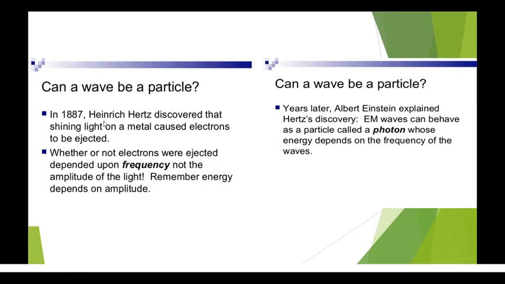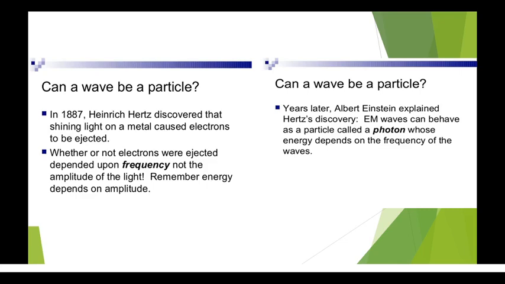In 1887, Heinrich Hertz discovered that shining light on a metal causes electrons to be ejected, which we had studied as the photoelectric effect. And they noted that the energy of the electrons ejected depended upon the frequency and not the amplitude, not the intensity of the light.